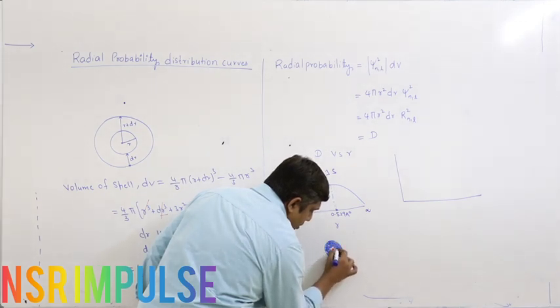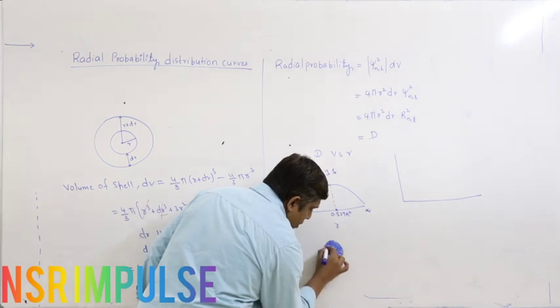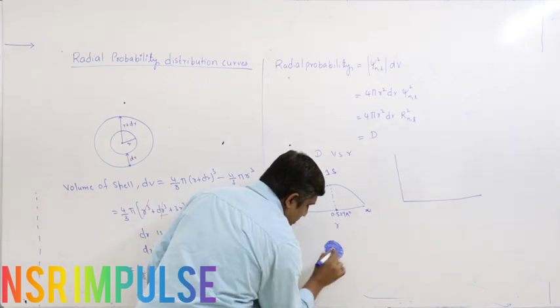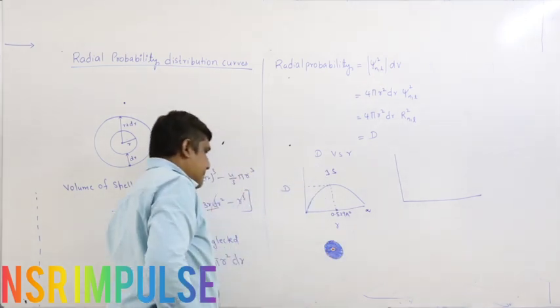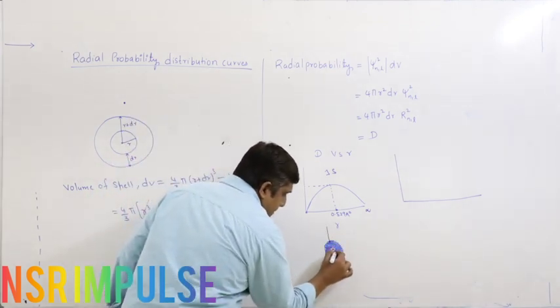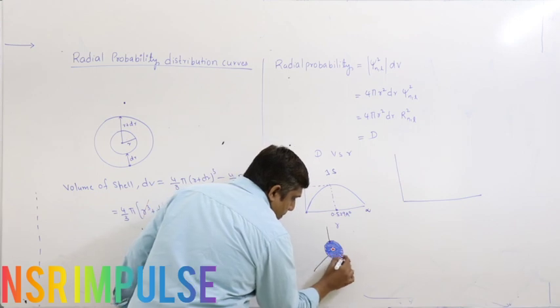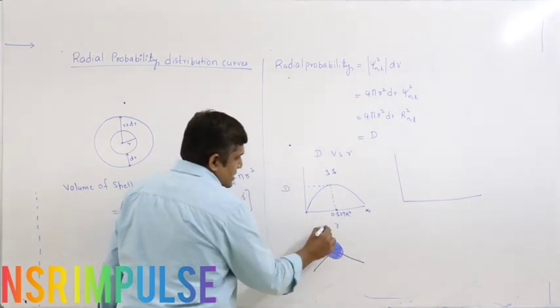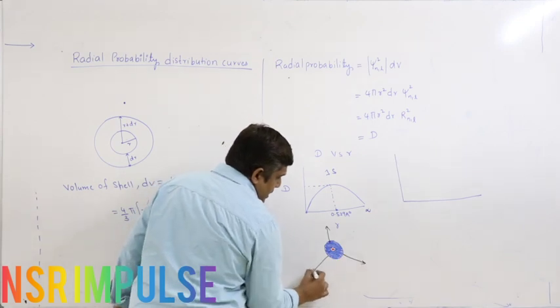But in the electron cloud there is always some probability, therefore the electron can be found anywhere except at the nucleus. So x-axis, y-axis, z-axis.